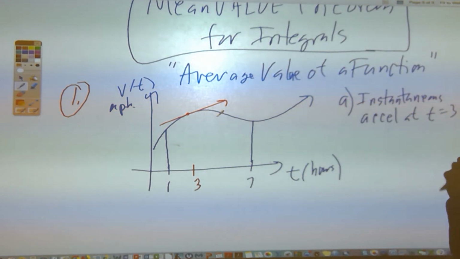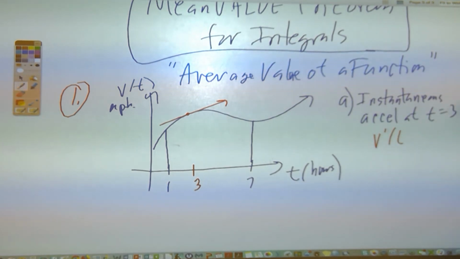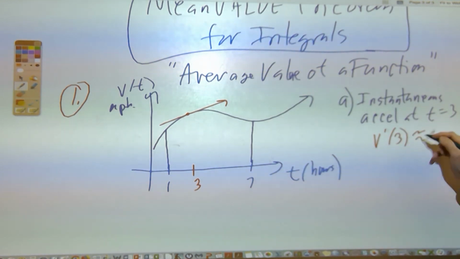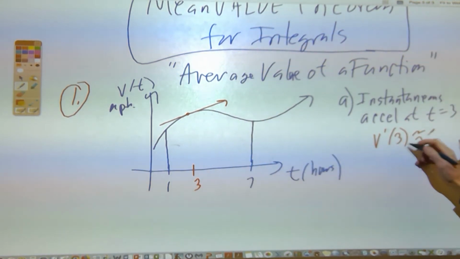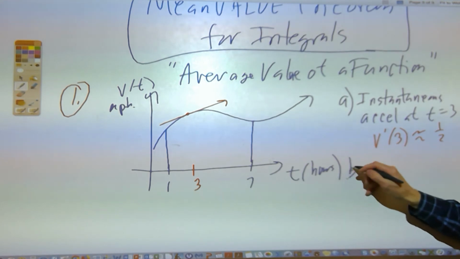That's how you would answer the instantaneous acceleration. You would say, what's v prime of 3? We could approximate it. Based on my picture, v prime of 3 might be something like 1/2. So that's one question we could ask based on this given information.